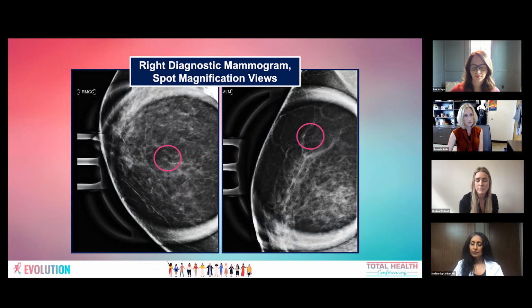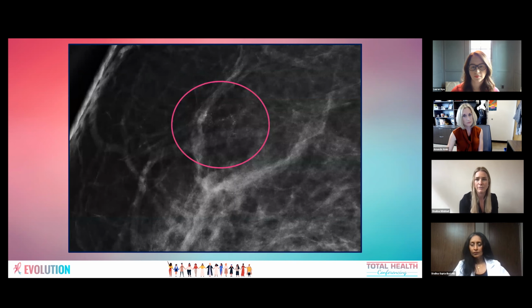And these are the 2 spot magnification views of our diagnostic mammogram for this patient. I have pink circles around the small 1 centimeter group of calcifications in her right breast. On the next slide, I have a magnified view of these calcifications. They're subtle enough that it's difficult to see them without the magnification tools.